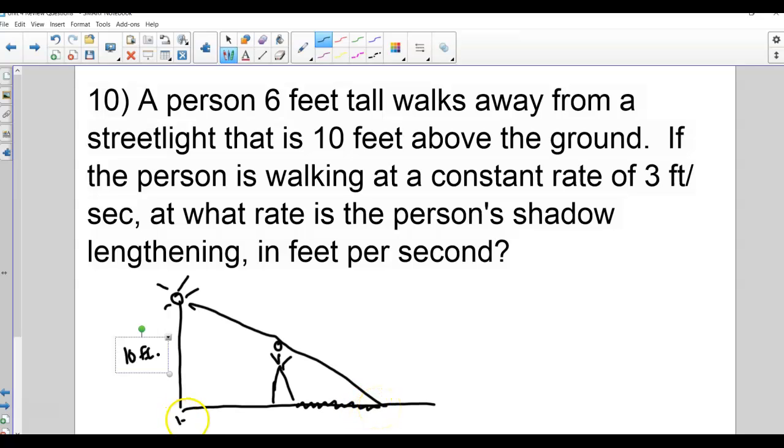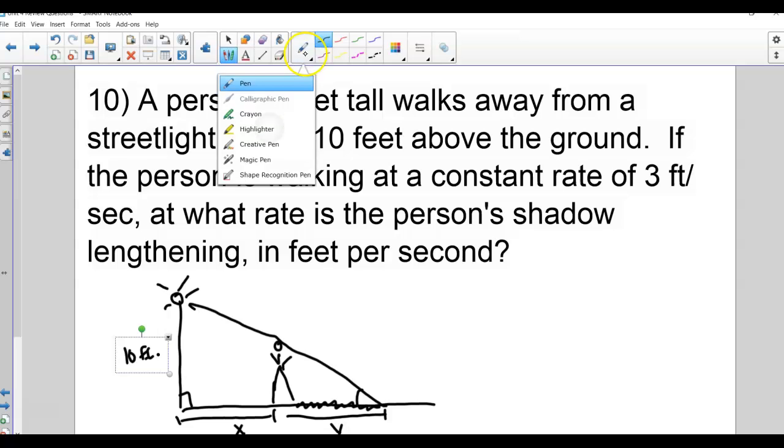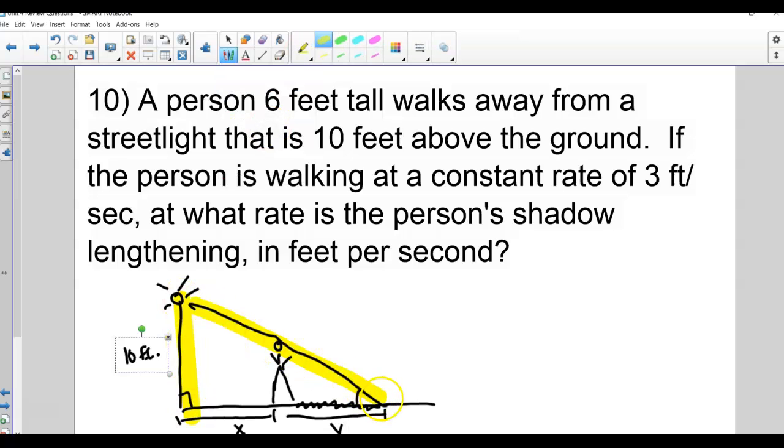So I'm going to call this length right here X, and this one here Y. What we have here are two triangles that have to be proportional to each other. This big triangle would have to be proportional to the smaller triangle. This person is 6 feet tall.